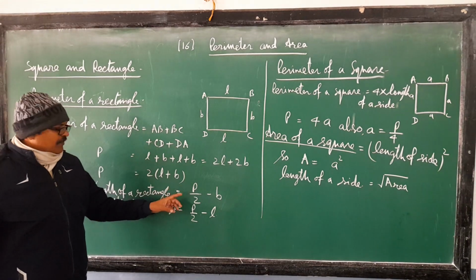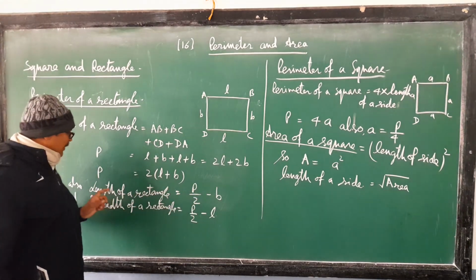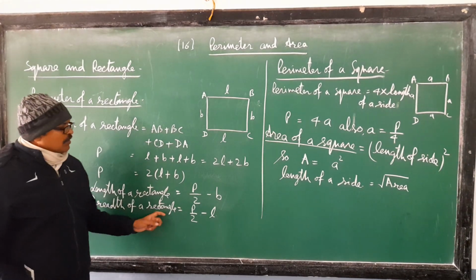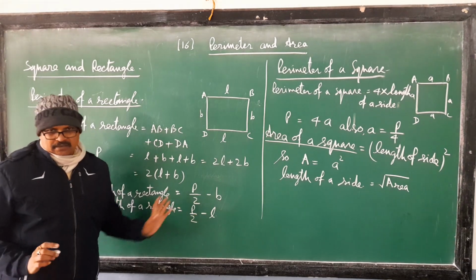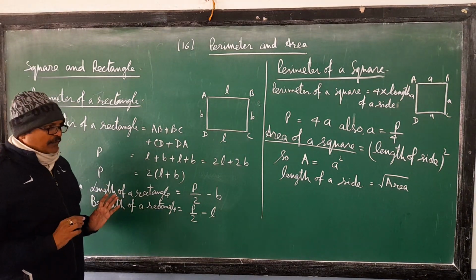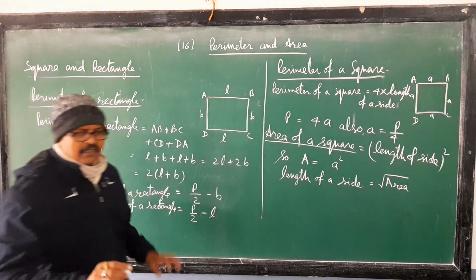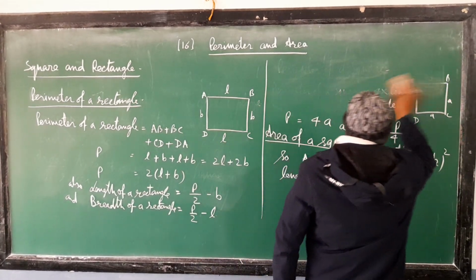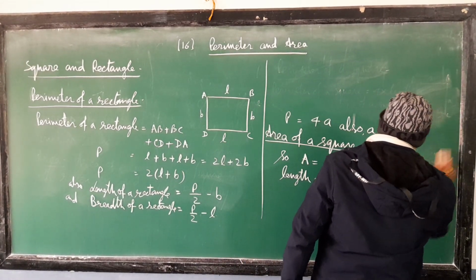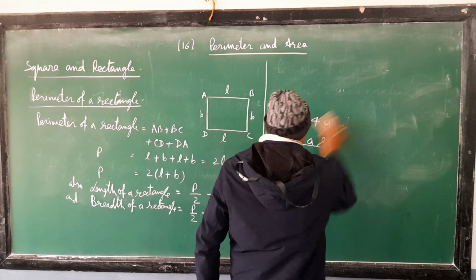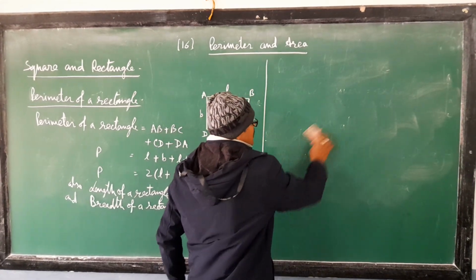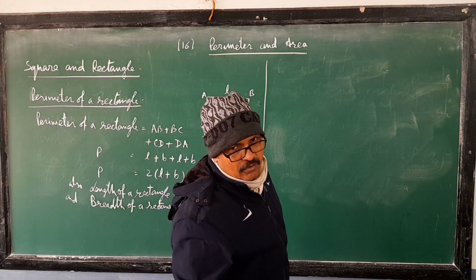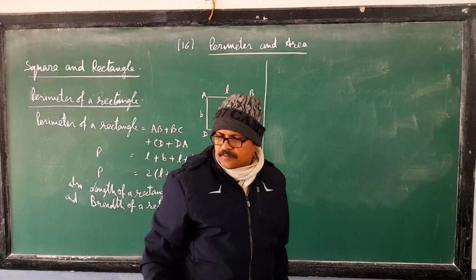This formula is used if perimeter and length are given and you have to find breadth. Similarly, if you have to find area of a rectangle, then some other formula is there. All of you must know these formulas and keep them in your mind. You studied these formulas in class 6 also. Maybe if you forget, then you keep it remembered.